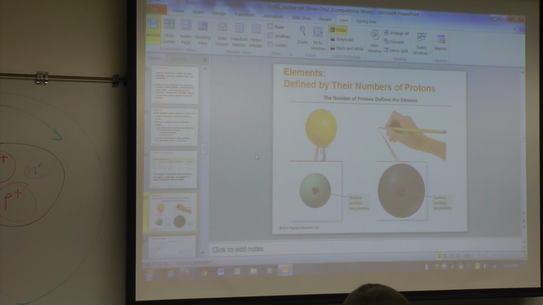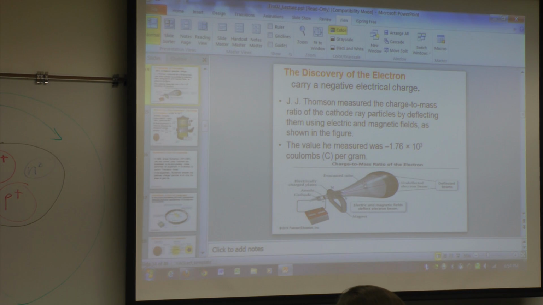And hence you had Rutherford's gold foil experiment. And before that was the experiment first performed by J.J. Thomson on the cathode ray tube. He would notice that when he would bombard his cathode ray tubes, something was always being deflected.